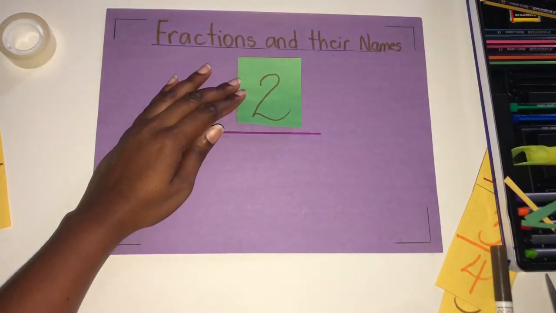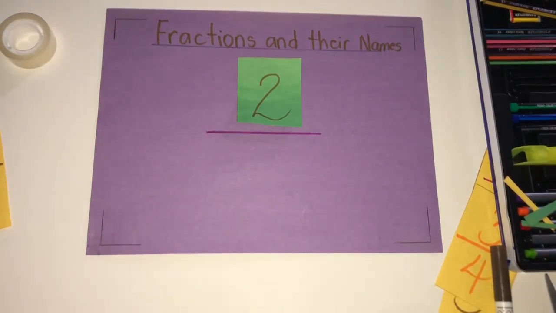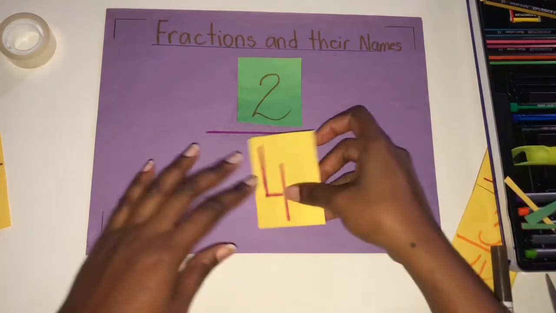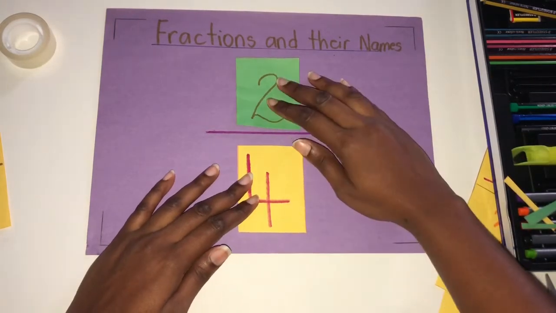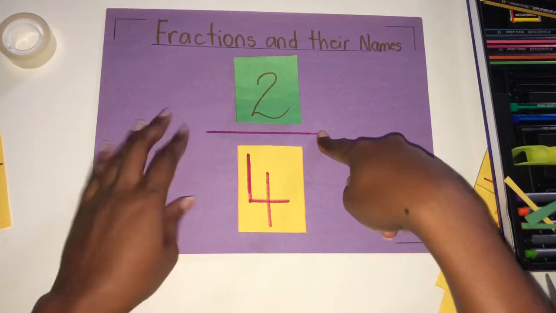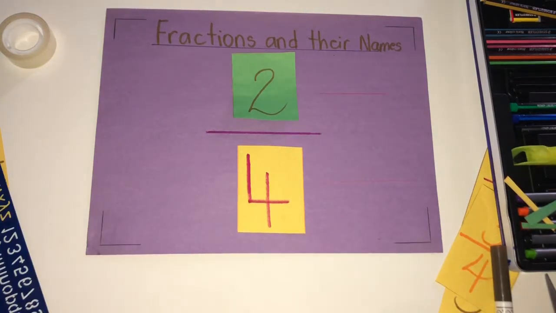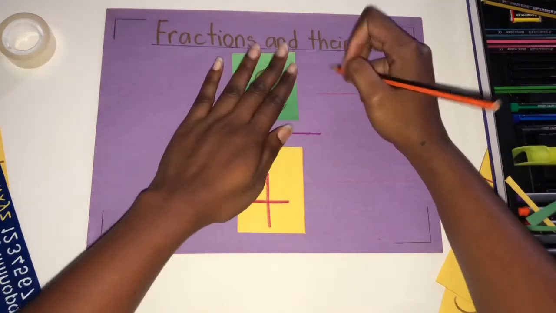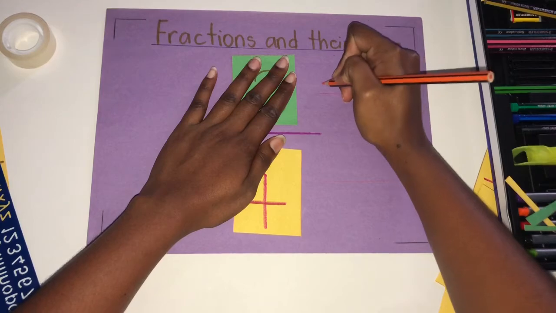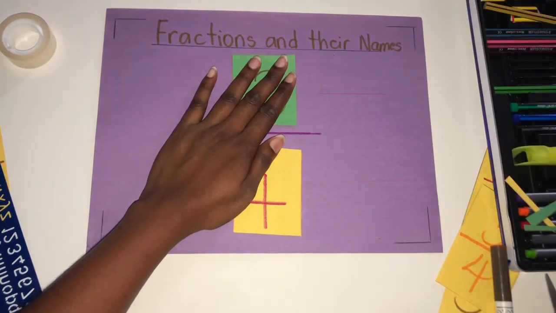The number at the top is called the numerator. Say numerator. Numerator. And the number at the bottom is known as the denominator. Say denominator. Denominator.